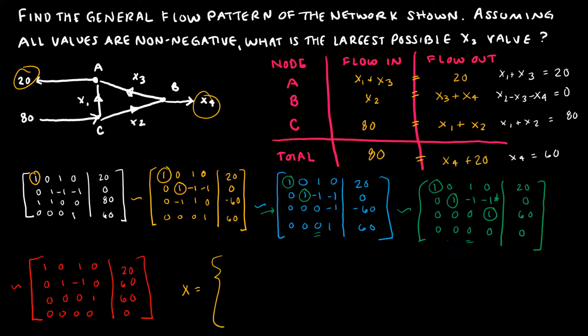So the general solution is that x1 is equal to 20 minus x3, and that x2 is equal to 60 plus x3, and that x3 is free, and that x4 is equal to 60.